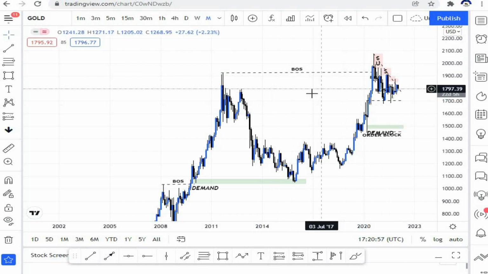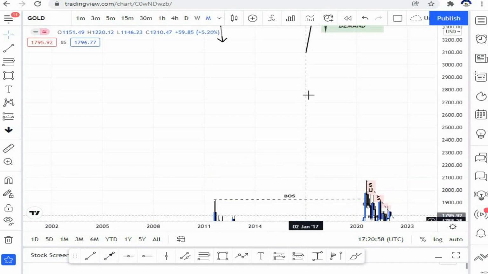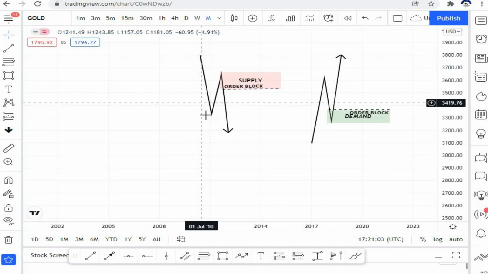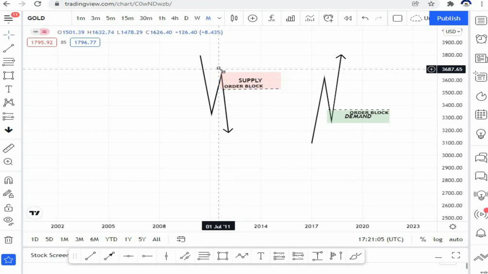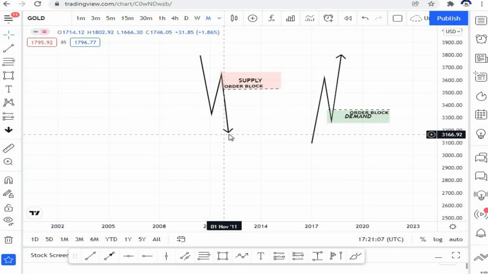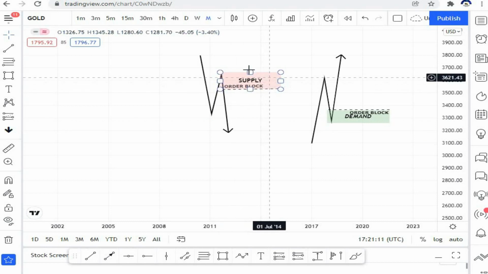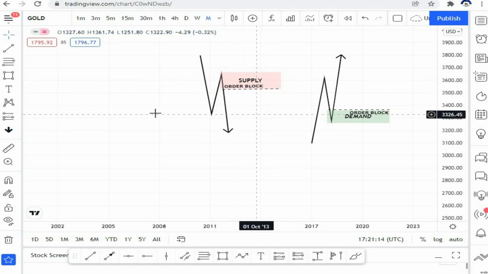But before we go there, guys, remember, when price creates a drop, meaning the last lower high creating a new lower low, this will become a supply zone where we can find our OB.